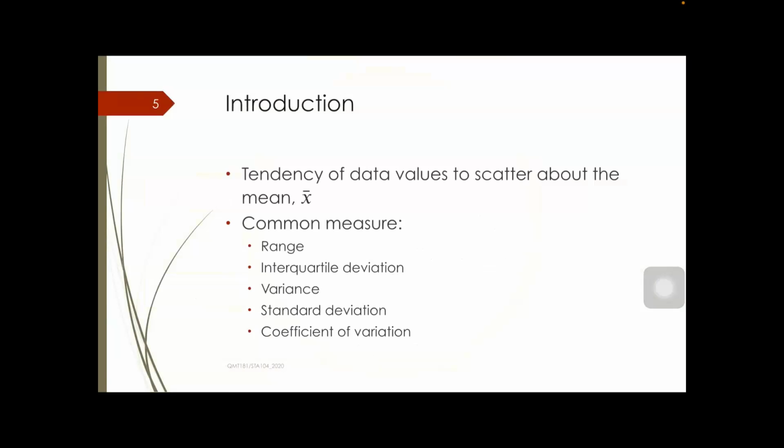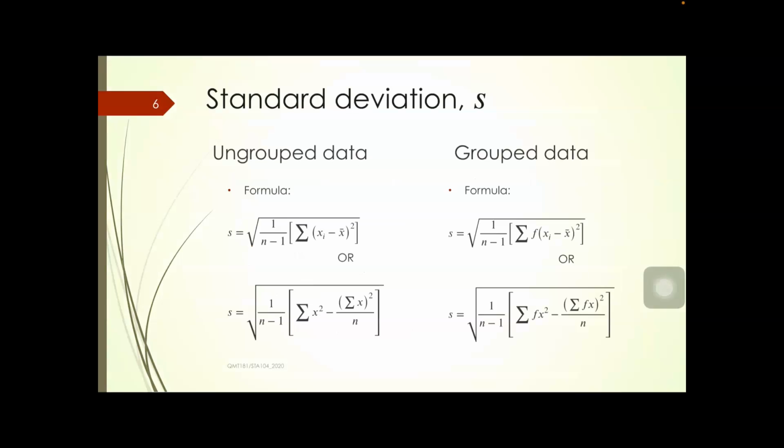Under this topic, the common measures of dispersion are range, interquartile deviation, variance, standard deviation, and coefficient of variation. This is the formula for standard deviation for ungrouped data and grouped data. For grouped data, we need the value of the midpoint.